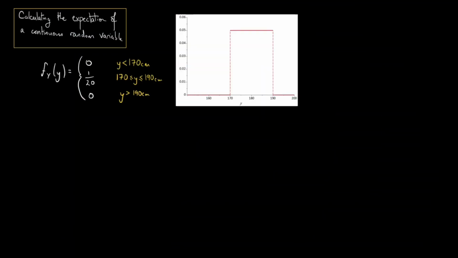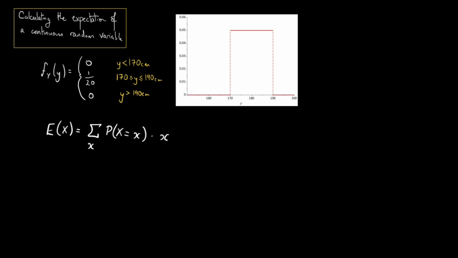Now the question is, how do we go about calculating the expectation? We know that for a discrete random variable, let's say X, the expectation would be equal to the sum over all possible values of x of the probability of each possible outcome multiplied by that outcome.